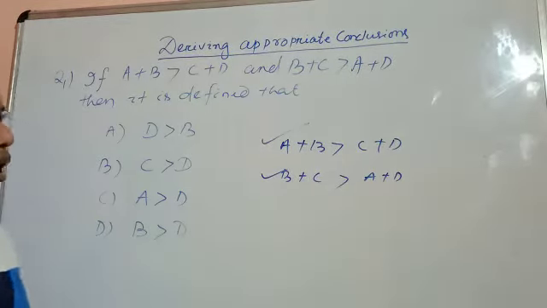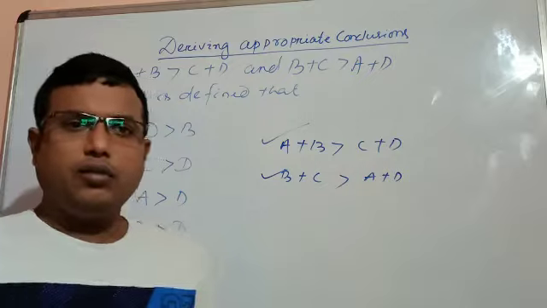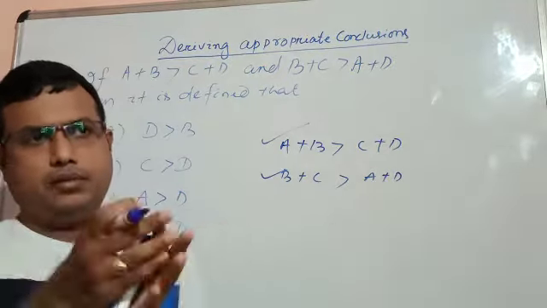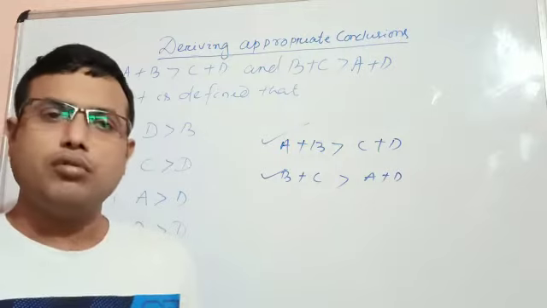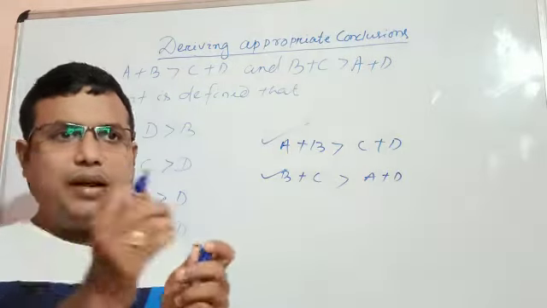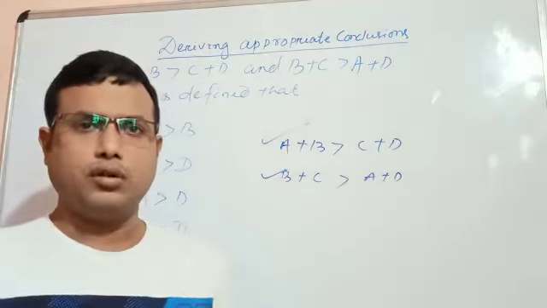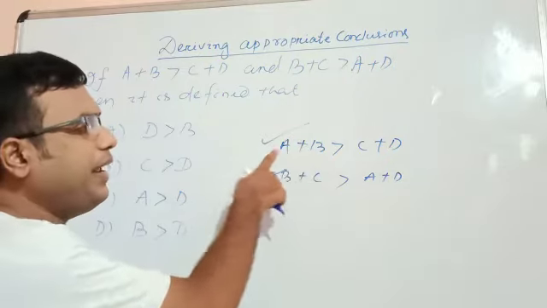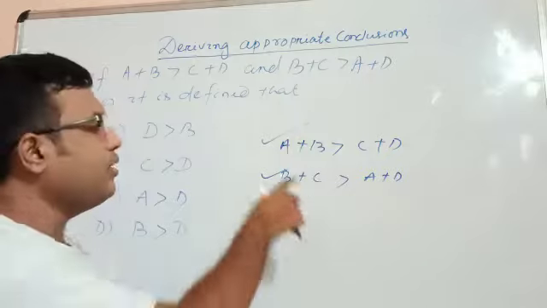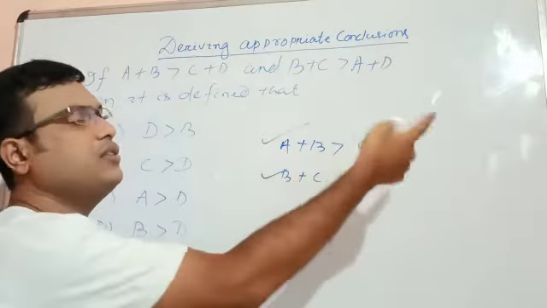Right. So in inequality, we combine the statements using the common element according to the conclusion, and the elements are individually connected with each other. Here it is given that a plus b greater than c plus d.